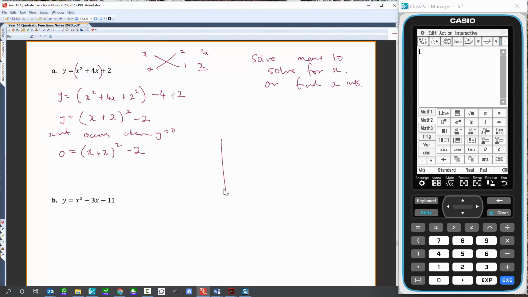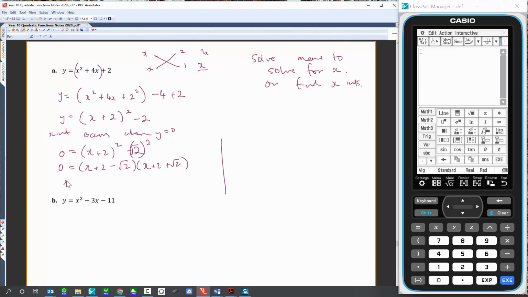Now, there are two different methods that I'm going to show you to solve this one. I'm going to show you my least preferred method first and my preferred method second. My least preferred method is to convert this into a difference of perfect squares problem: 0 equals (x plus 2 take root 2)(x plus 2 plus root 2).